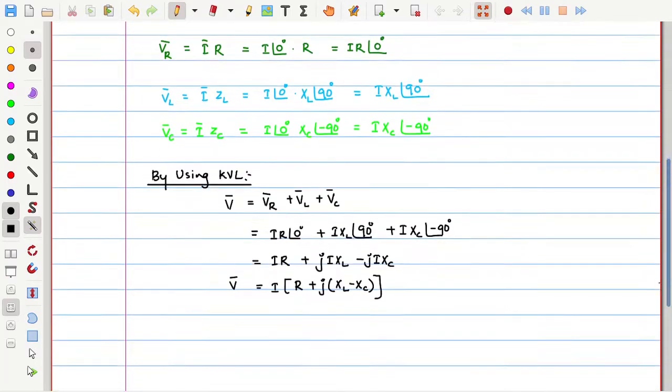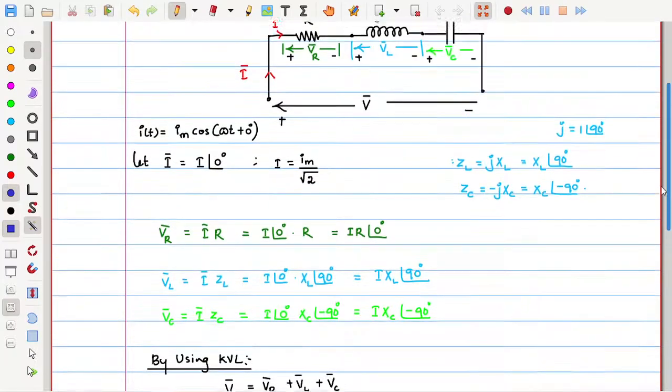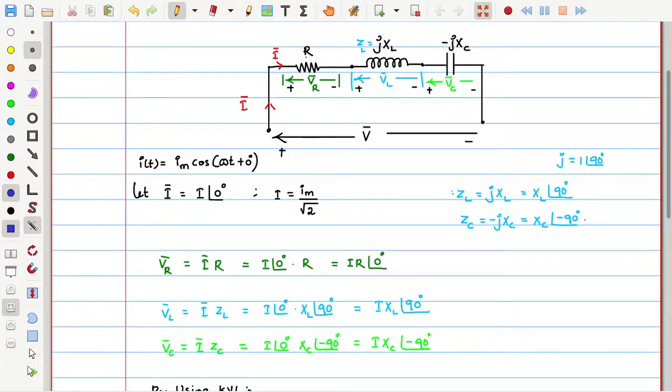Now, try to observe this entire thing. I can treat it as the total impedance of the circuit. See that the total impedance is the sum of each element's impedance, that is, resistive impedance, inductor impedance, capacitive impedance ZC. If I add up all these things, how much will I get?